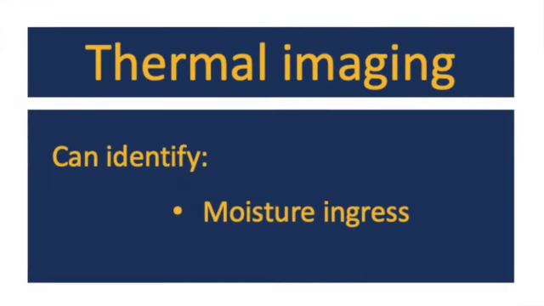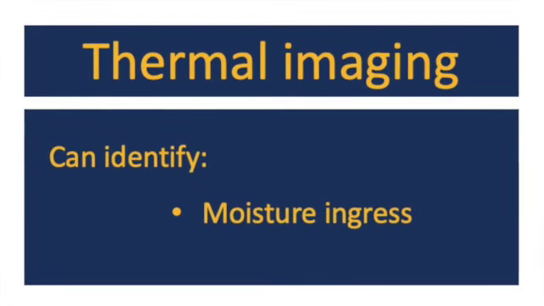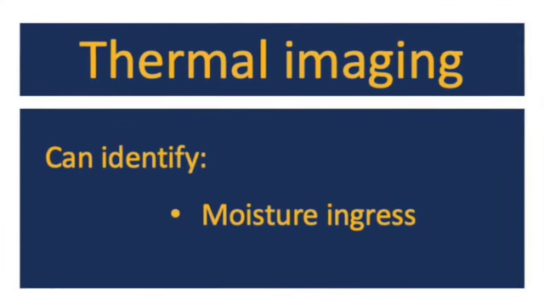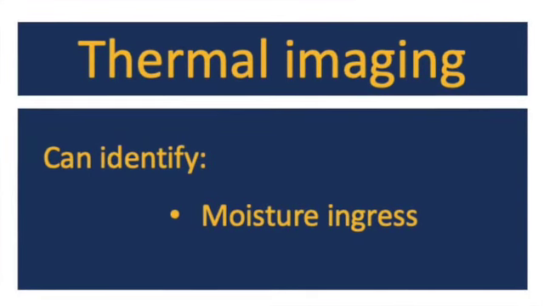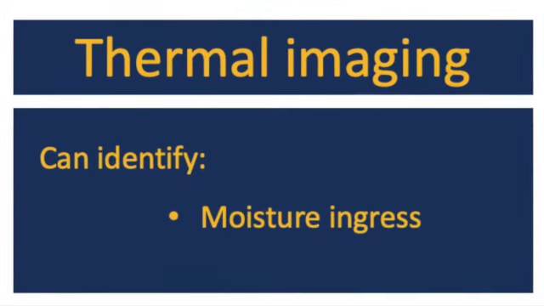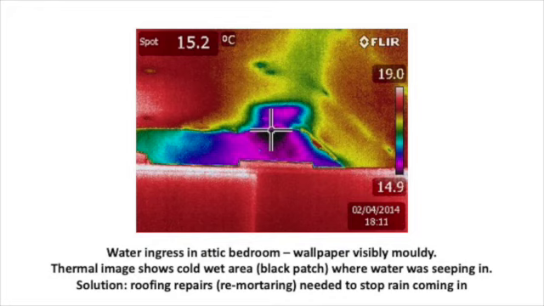A really valuable aspect of using the thermal imaging camera in your home is that it can detect moisture ingress. Unfortunately, this does occur from time to time, especially as buildings age, but if found quickly, any problems can be rectified before too much damage is done. In this instance, the householder asked us to check a small mouldy patch on the wallpaper above the wardrobe in their attic room.